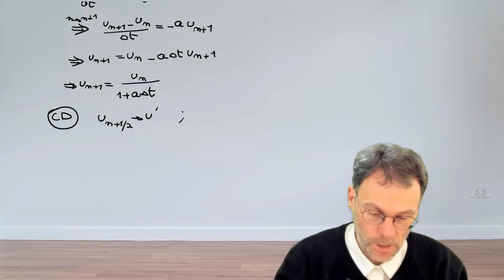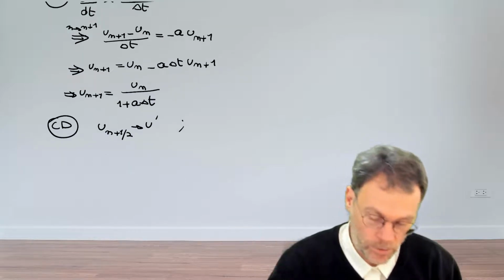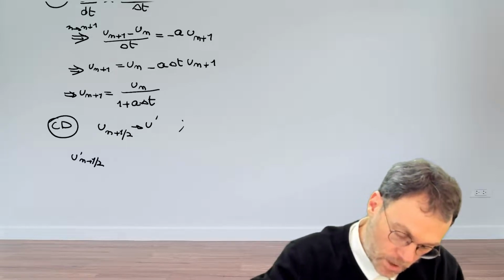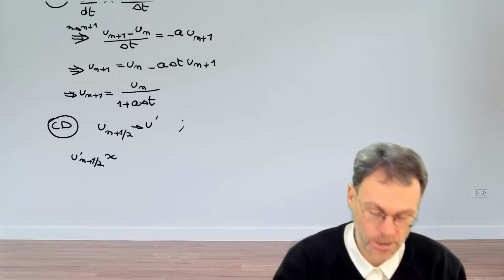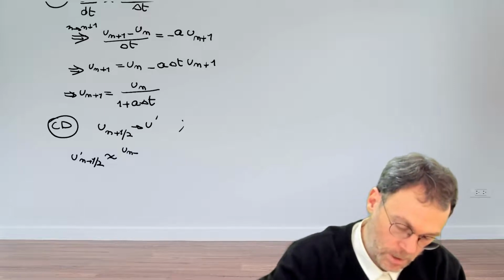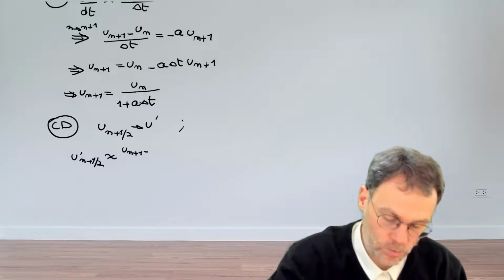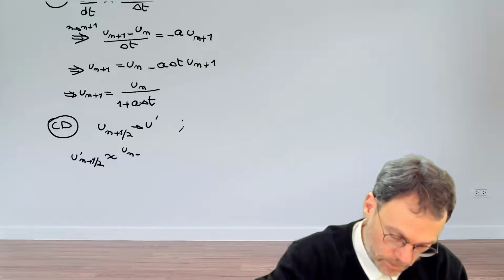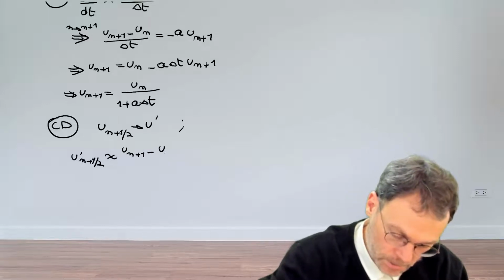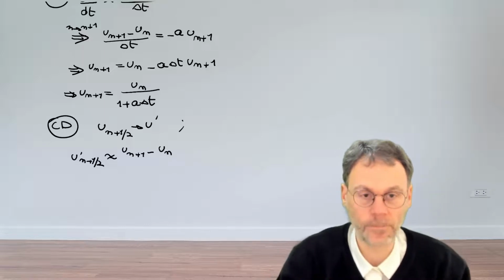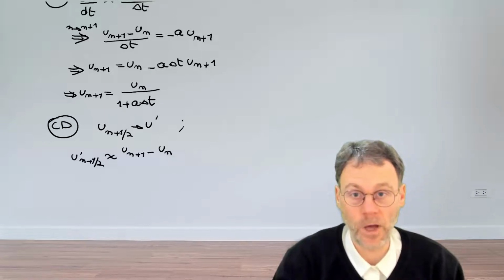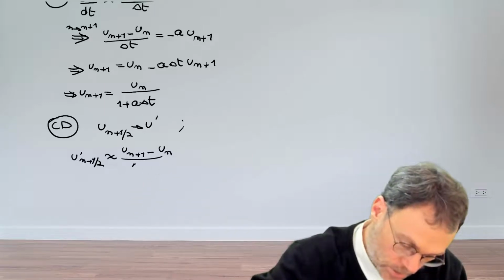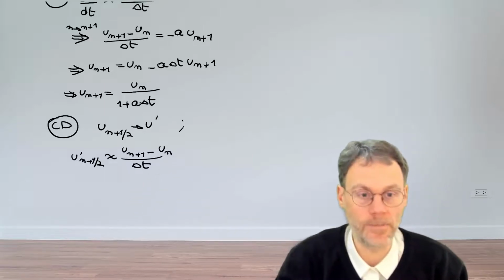Let's calculate the derivative in our intermediate point. So u prime at n+1/2. Let's approximate that by looking to the future, that's n+1, and looking to the past, that's just n. And then we need to divide that by the time step which separates these two points, so that's just delta t.